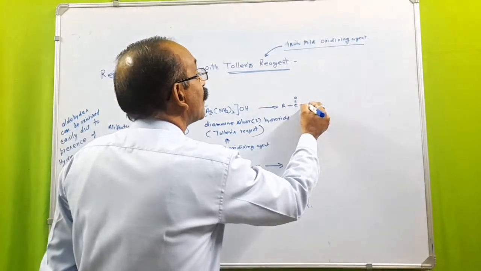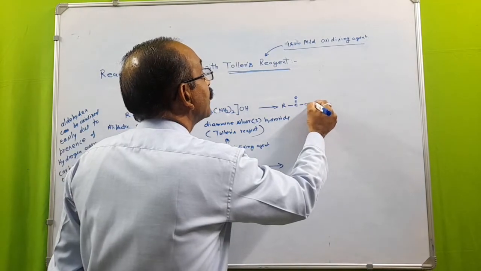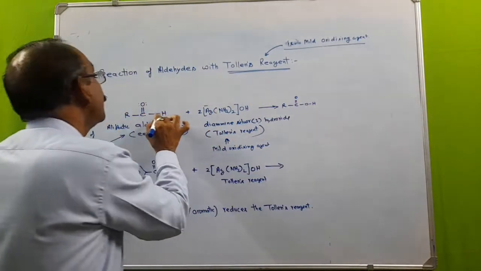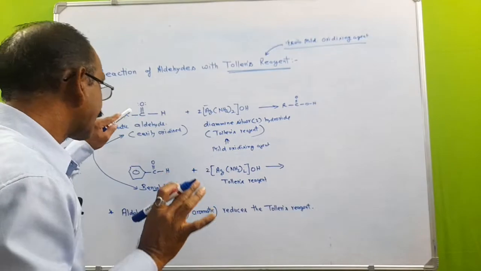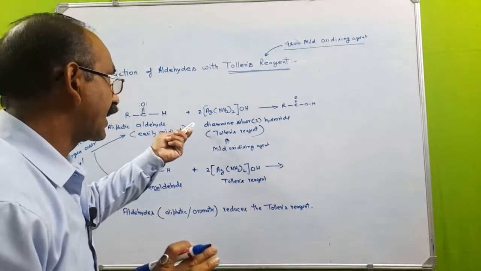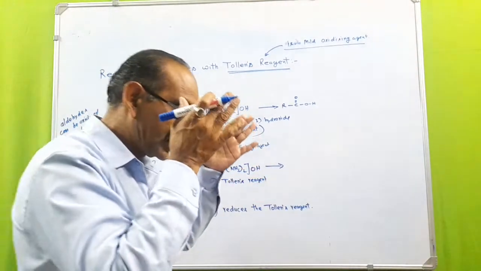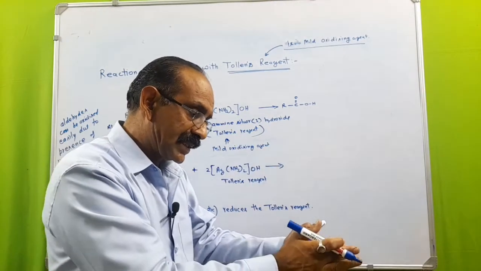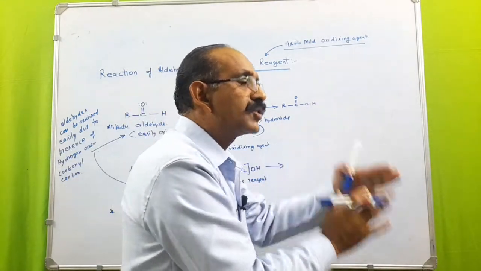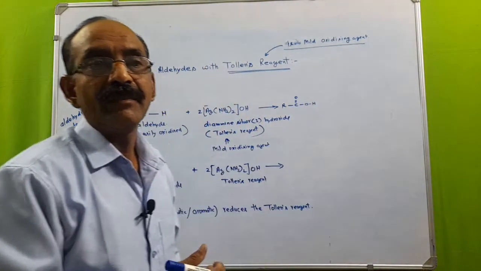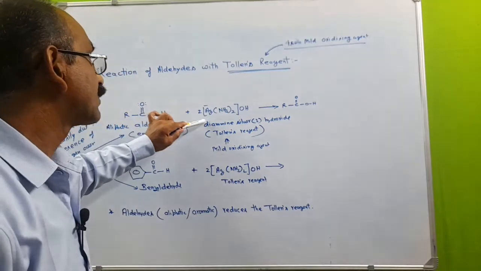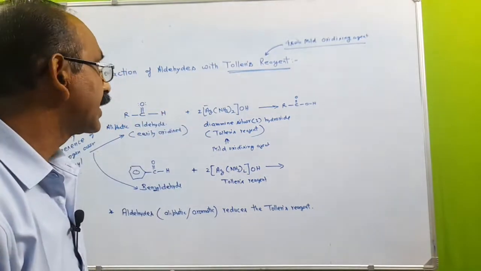So we add one oxygen between the stressed carbon and hydrogen. This gets oxidized. On the other hand, if one species is getting oxidized, the other will be reduced. So Tollen's reagent will be reduced.